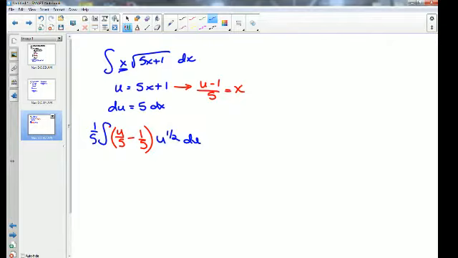Now, how are we gonna deal with this? Oh, can I take a 1/5 out again? Okay, let's do that, 1/25, right? I don't have a product rule for integrals, but how can I simplify this?